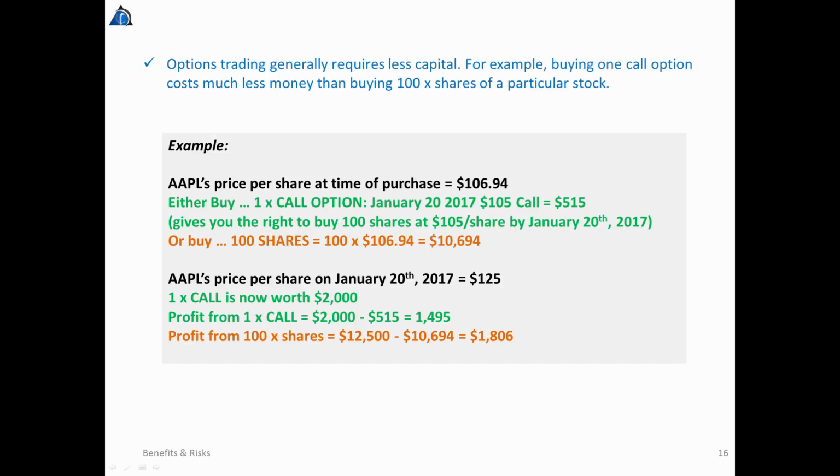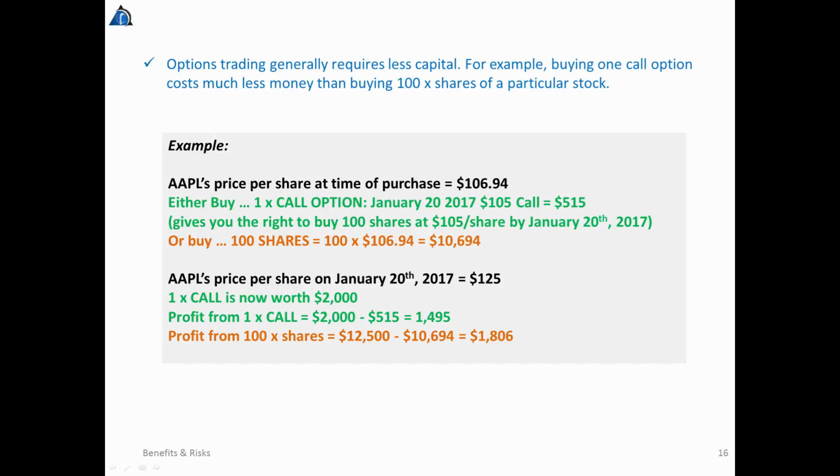Which approach is better? Which one is more advantageous? To buy a call option and pay $515, or to buy 100 shares of stock and pay $10,694? The answer is there is no right answer. It all depends on your timing, how much homework you've done, and of course a little bit of luck.